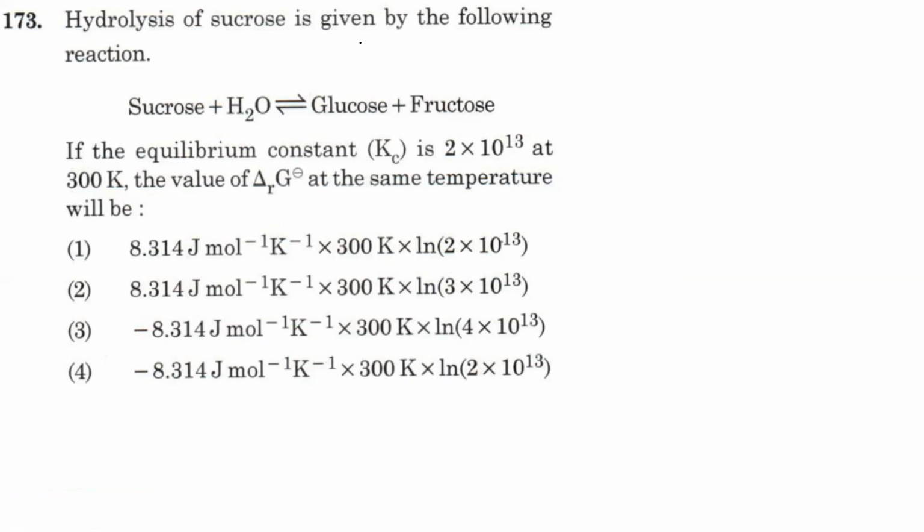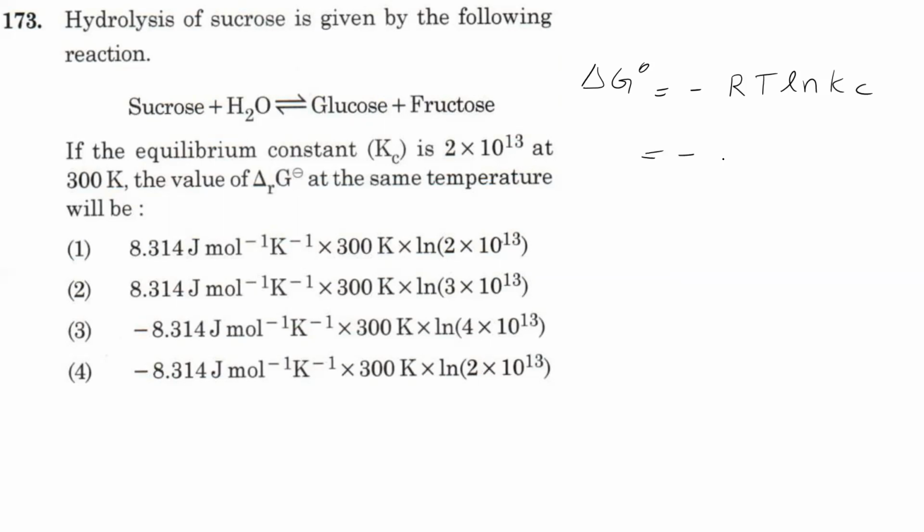Hydrolysis of sucrose. Hydrolysis of sucrose is given by the following reaction. Sucrose plus water gives glucose plus fructose. If equilibrium constant is given, now what is the value of delta G? Now delta G naught is equal to minus RT ln Kc.